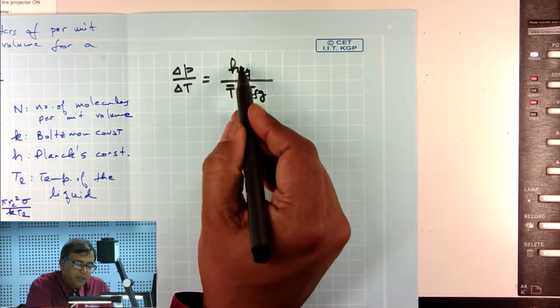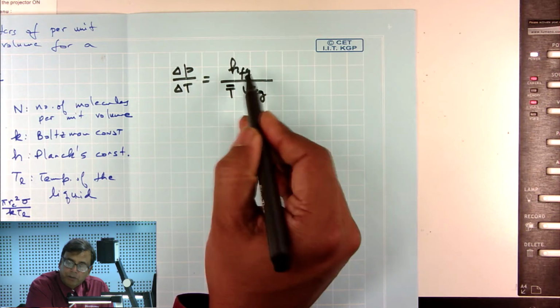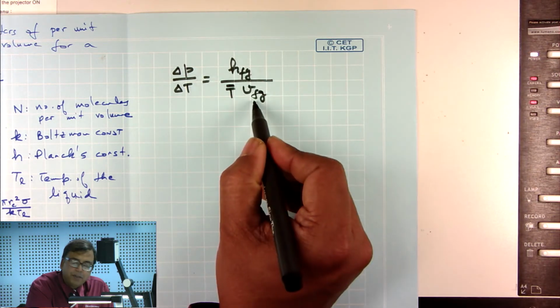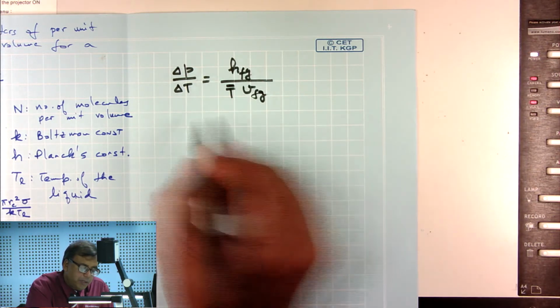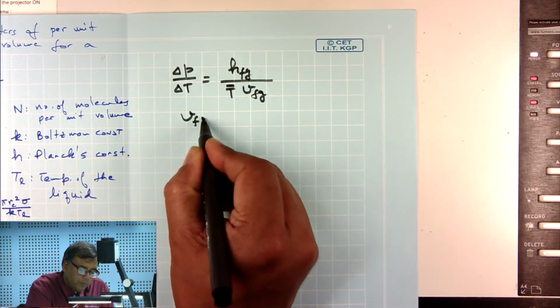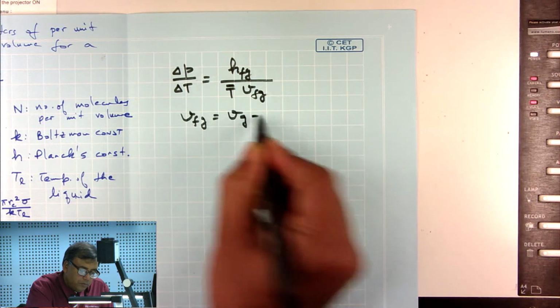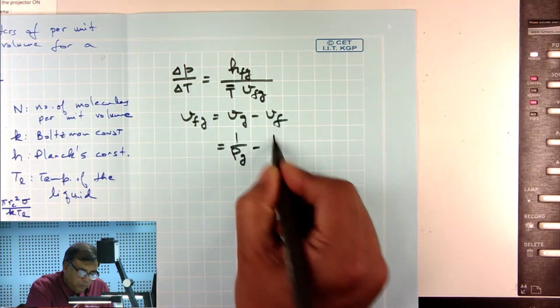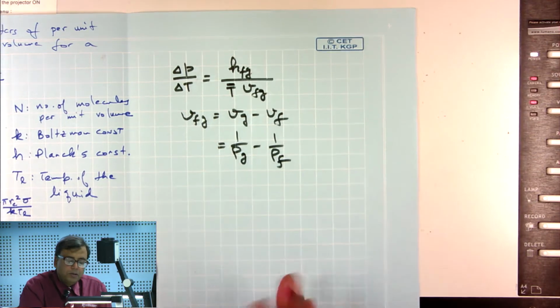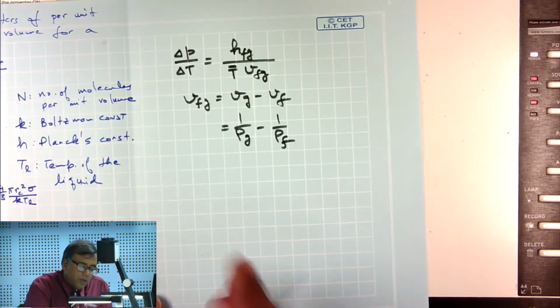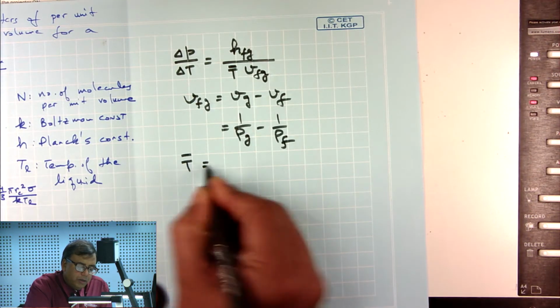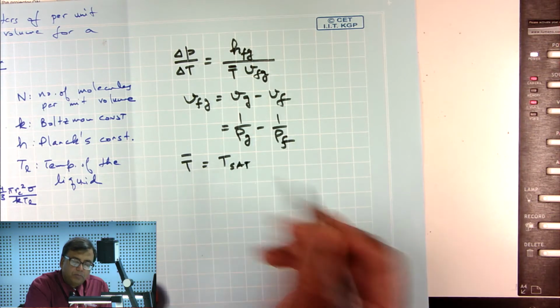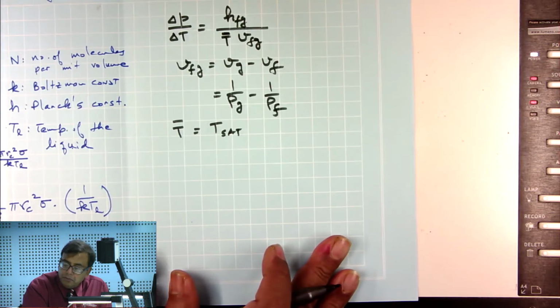So, HFG is your latent heat going from liquid to vapor or vapor to liquid, VFG is the change in specific volume. Right, and then T bar is your saturation temperature of the system.